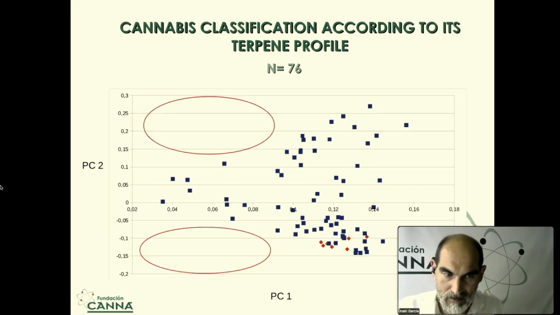So I think it's important to offer the patient a broad range of different terpene profiles, so that the patient can choose the smell, the aroma that he prefers.